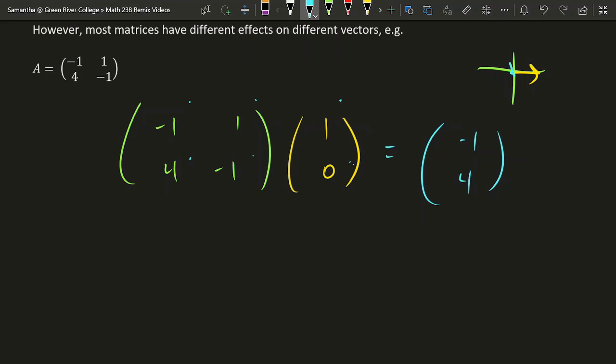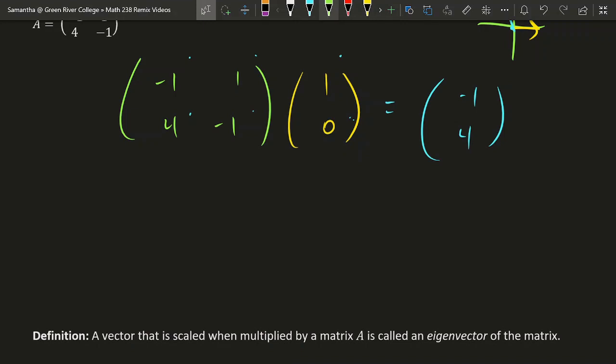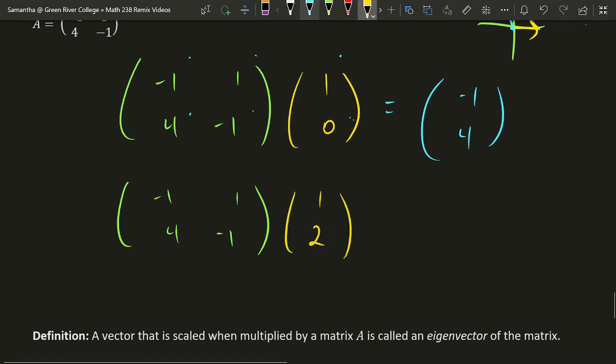And so this vector not only points in a vastly different direction, it's also much longer than it was before as a result of having this 4 in the y component. But if you feed this matrix a different vector, for example, if you applied it to the vector 1, 2, the top entry is -1 times 1 and 1 times 2.